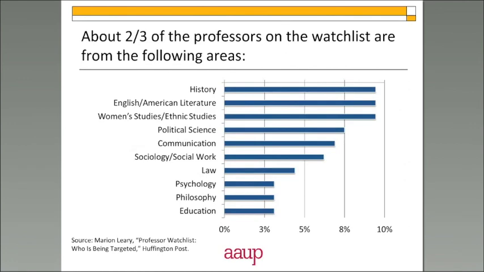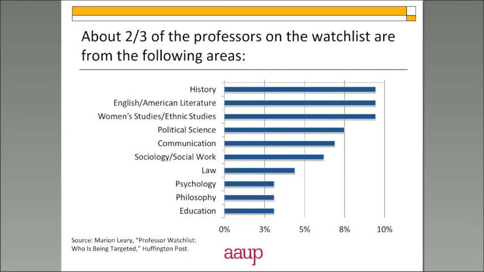This is a statistical analysis, and you have the source down there. It's by a researcher by the name of Marion Leary, who in the Huffington Post did a statistical analysis of the professor watch list. I had to do a little bit of massaging of this, and I can very briefly say what I had to do.